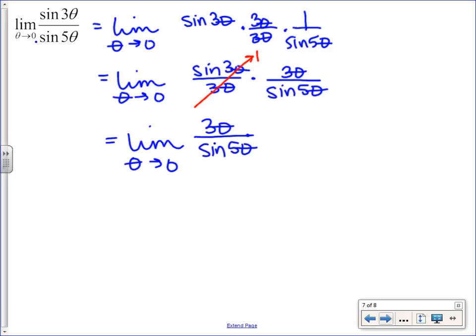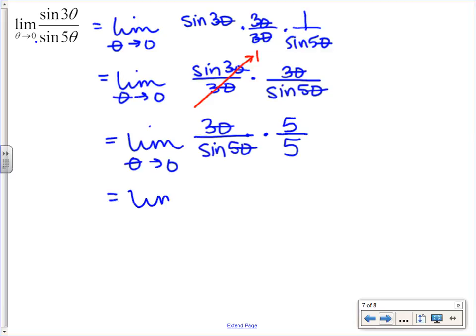We need a 5 theta, right? Well, I already have a theta. So let's multiply by 5 over 5. We can only multiply by 1. Let's keep it simple. Let's do 5 over 5.